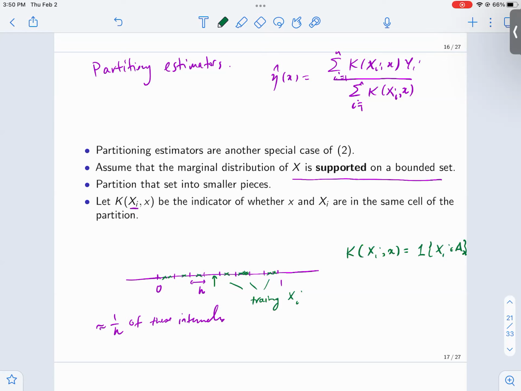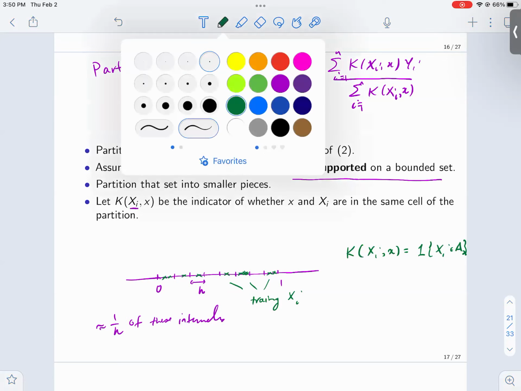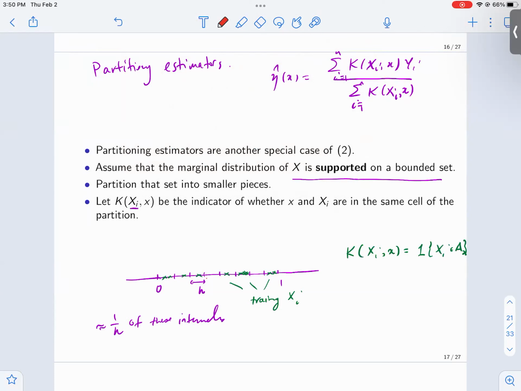So for any x, the cell of the partition: let's say this is my test point x, and this would be A(x), the cell of the partition onto which the x falls.